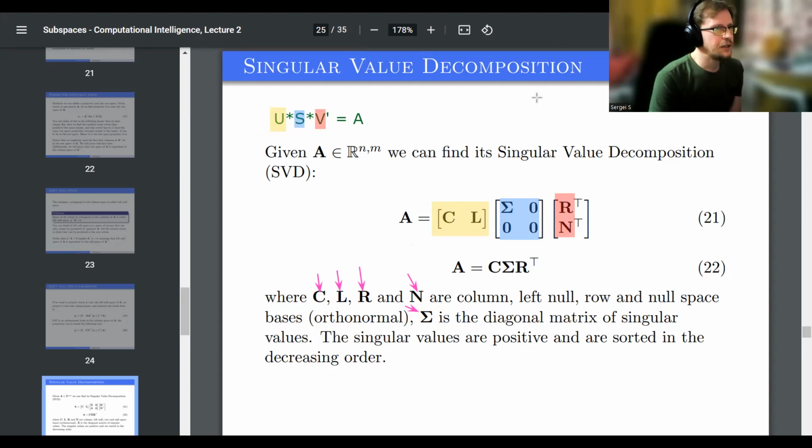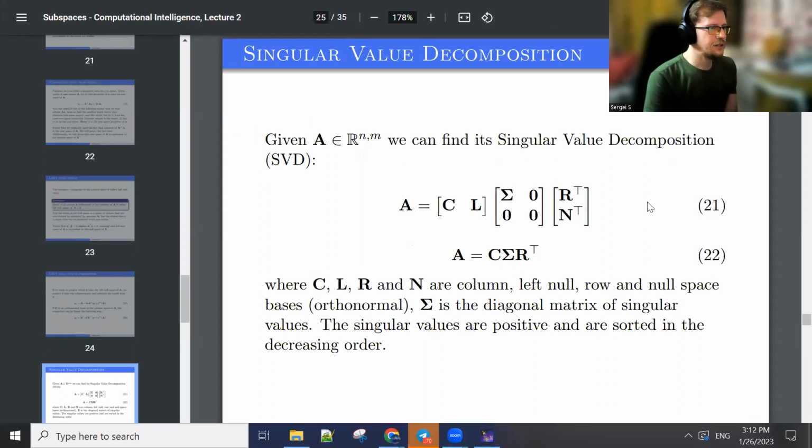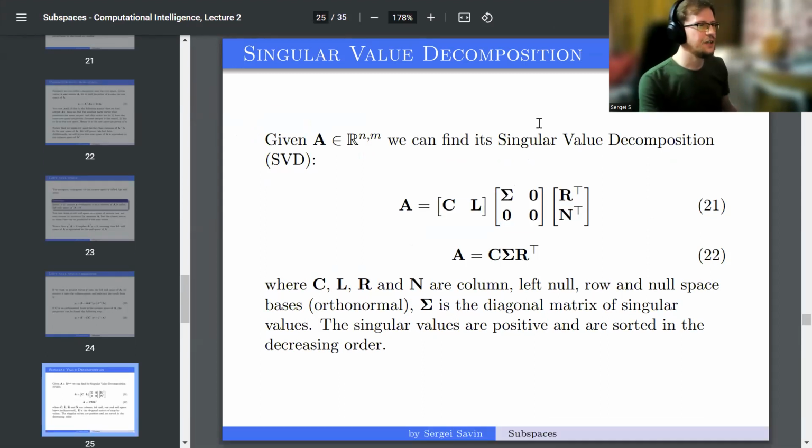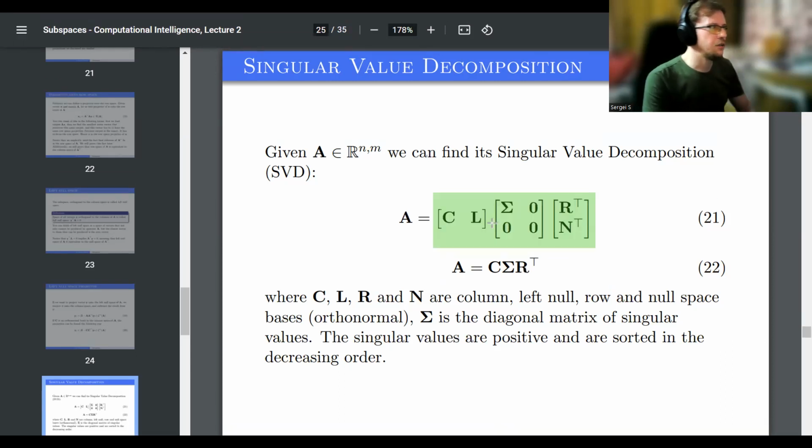Now, let us move on and see what we can do. Before we move on, let me just mention that this whole thing can be simplified. We can multiply it all together. We multiply, for example, this by this and by this, then the result we multiply by this, and what we get is this expression here.